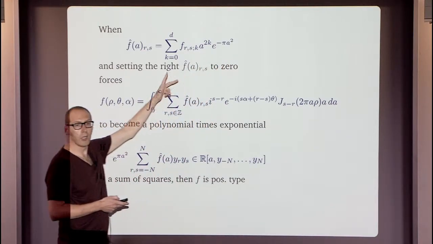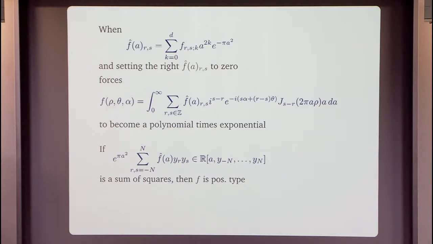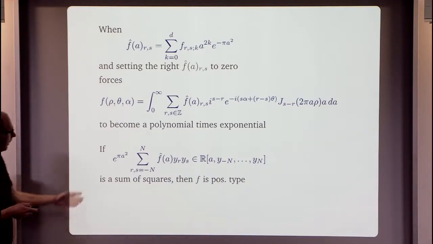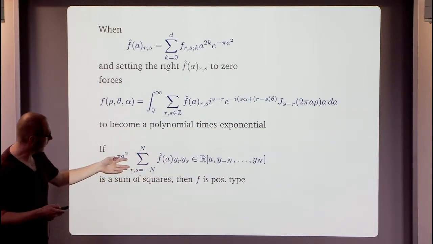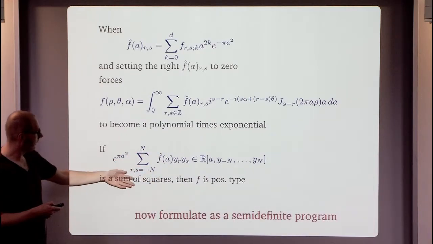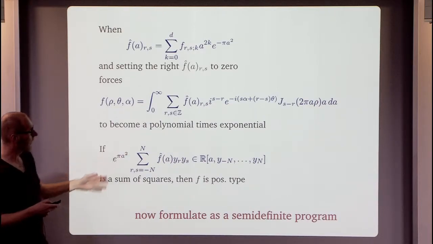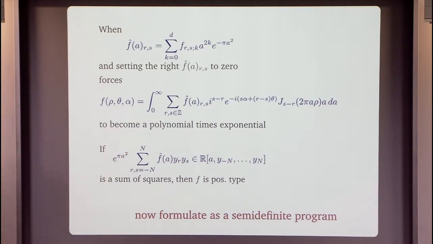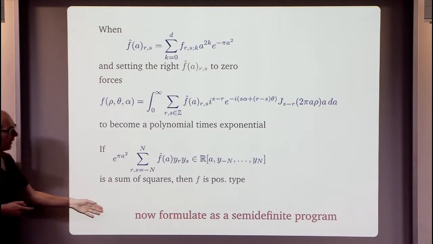So it doesn't conflict with the polynomials. And then you say that, for example, these polynomials are sum of squares, and if you enforce this, then you enforce that the function f is of positive type. And this you can now formulate as a semi-definite program.